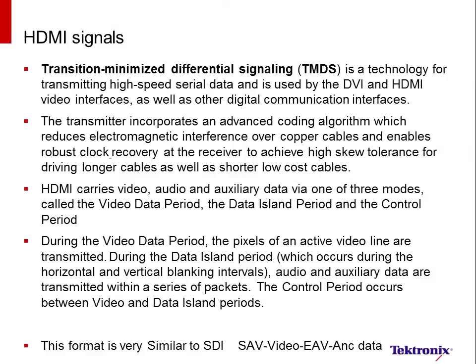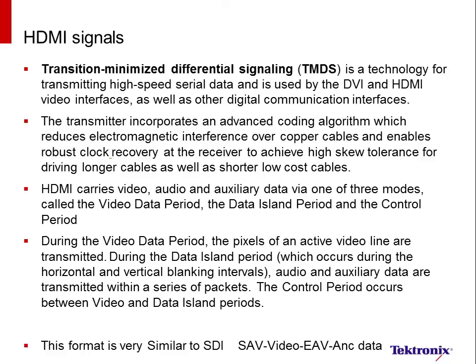HDMI signals. The video portion of the HDMI signal uses transition minimized differential signaling, or TMDS. This is a technology for sending high-speed video and audio data from a transmitter to a receiver that is used in HDMI and DVI interfaces.